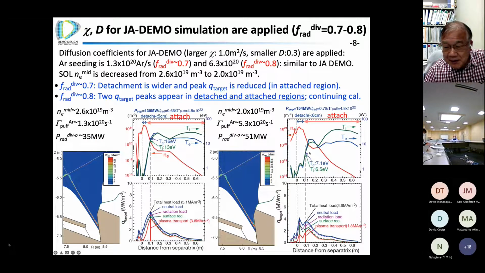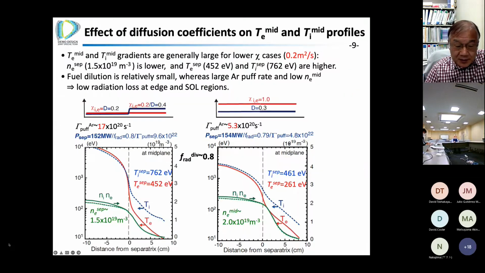Therefore, the peak heat load is reduced, but the reduction is more gradual compared to the European small diffusion case. So this is an example of the difference.